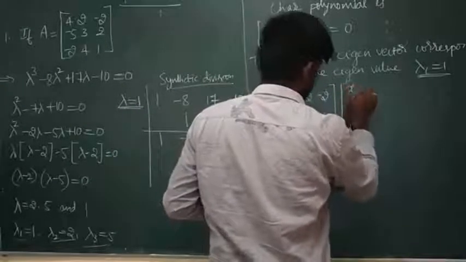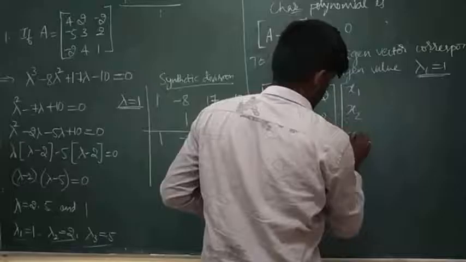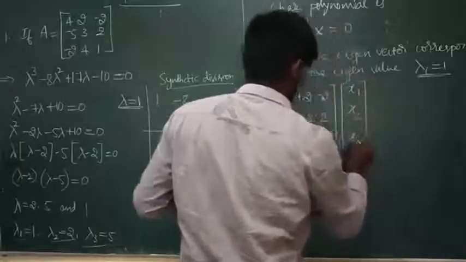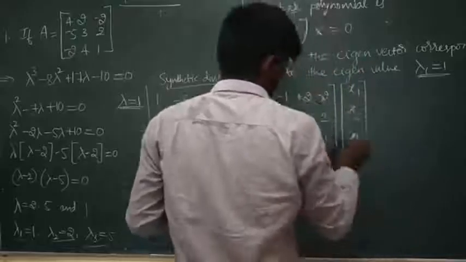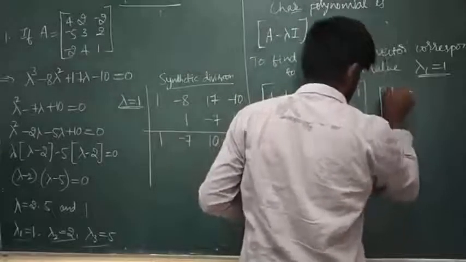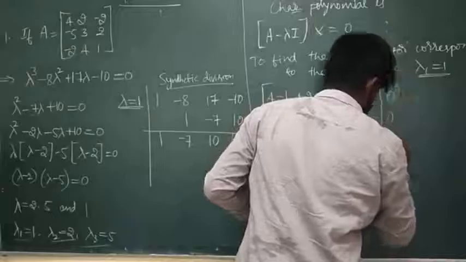X is nothing but 3 unknowns, x1, x2, x3, because the given matrix is of order 3. Therefore, we write 3 unknowns, and 0 is nothing but a column matrix containing zeros.